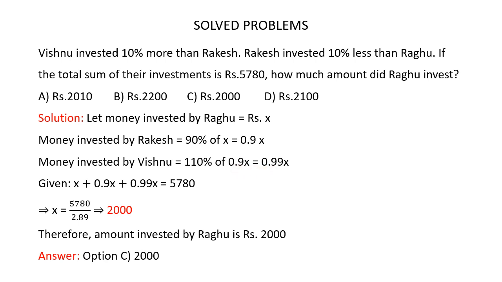Now it's given that the total sum of their investment is rupees 5,780. So x plus 0.9x plus 0.99x is equal to 5,780. On solving this, we get the value of x as 2,000. So the amount invested by Raghu is rupees 2,000. The correct answer is option C, 2,000.